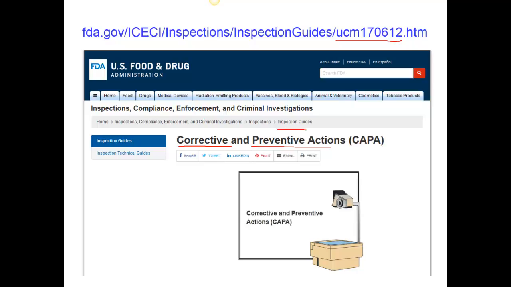This is an inspection guide. As we talked about last time, the FDA is telling you exactly what they're looking for and exactly how they're going to look for it. So not only does it reveal the audit process, it also tells you a lot about the intended purpose of the CAPA. Remember, CAPAs vary widely from organization to organization, so this is a tough one to audit, and it receives a lot of attention in any FDA audit usually.